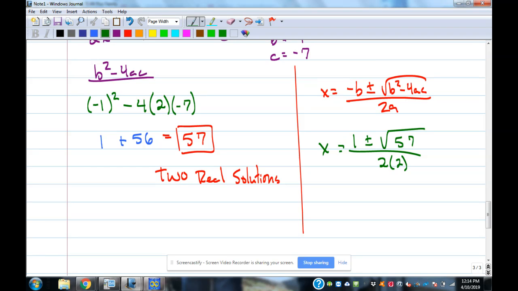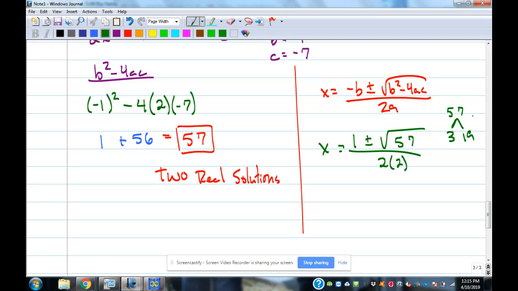No. 64 does, 49 does, neither, 57 is not either of those, and there's not any square numbers between that. So then we look at it and say, okay, can I break down 57 and simplify that square root? So I would try to do a factor tree for 57. Well, I know 3 goes into it, 19 times. But 19's prime. So that doesn't break down any further.